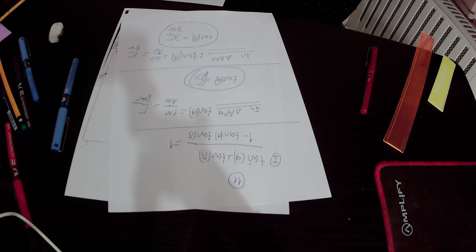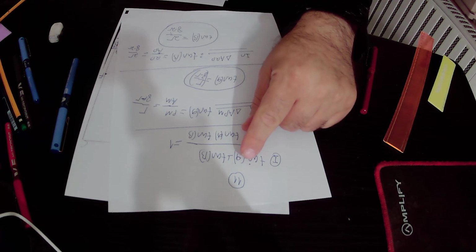So tangent alpha equals R over 8 minus R, and tangent beta equals 2R over 8 minus 2R. And all this expression equals 1.